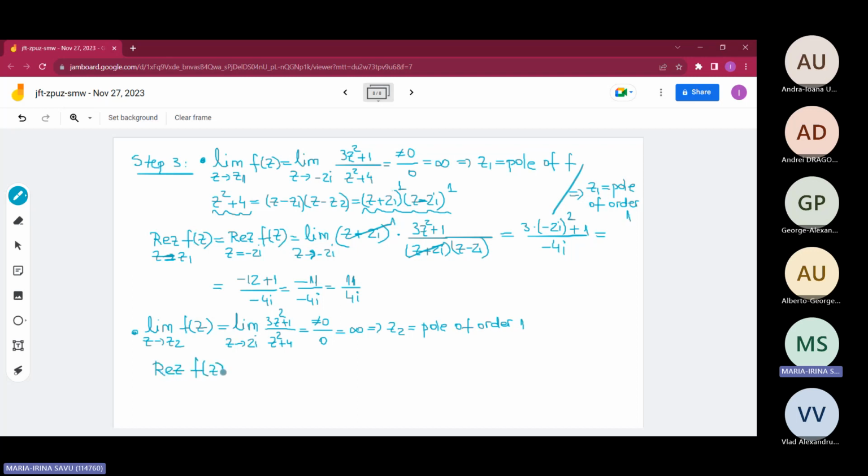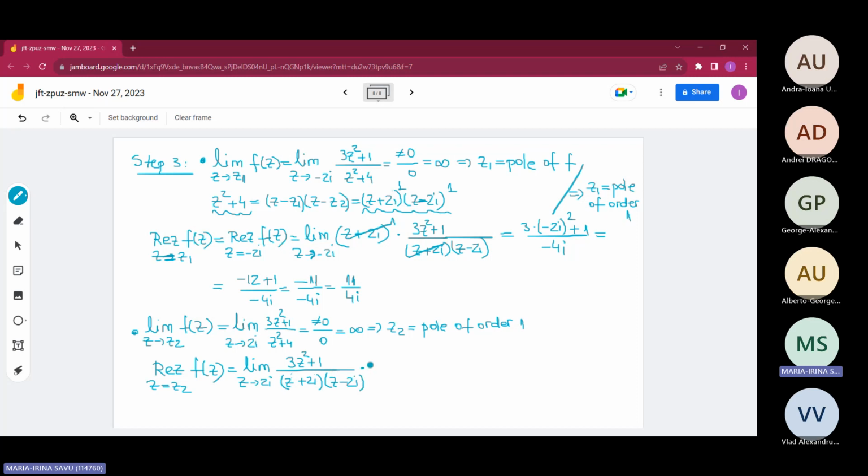So when you have the residue, you have to compute the limit when z goes to 2i of z minus 2i times the function 3z squared plus 1 over z plus 2i times z minus 2i.